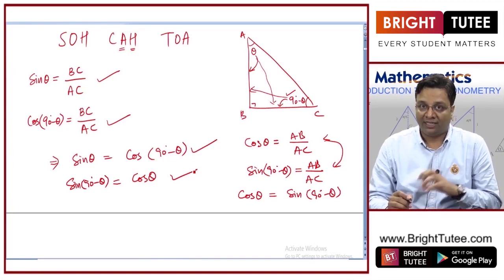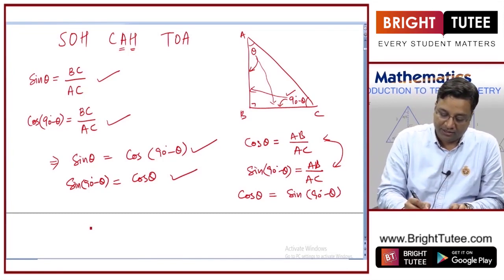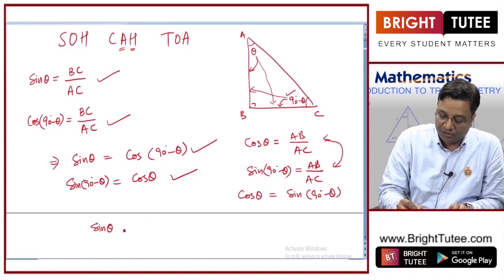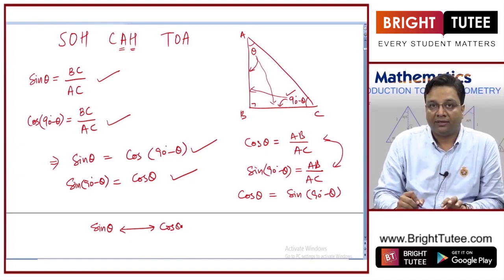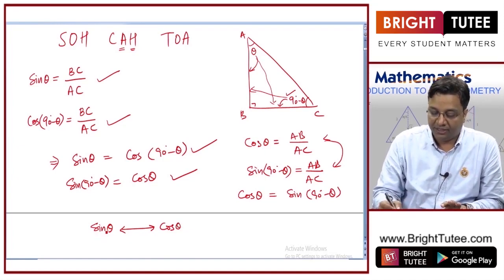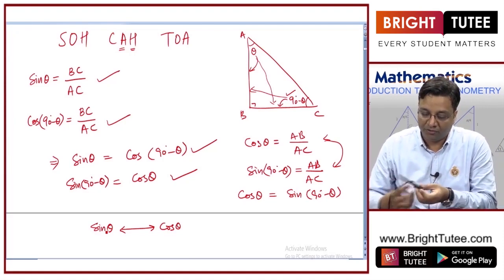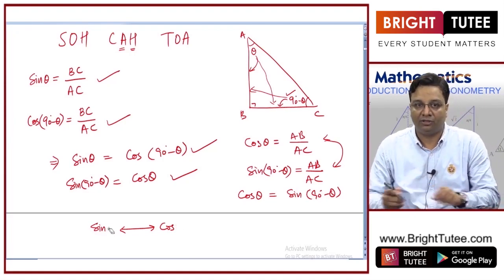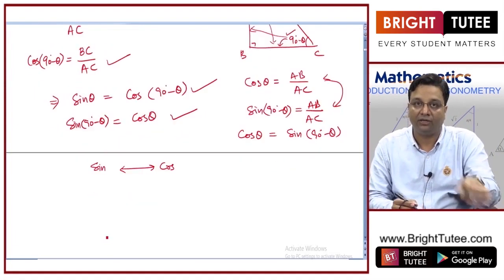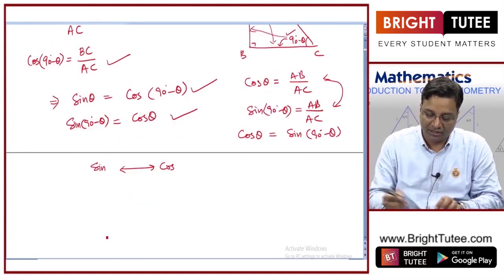And this is true for other trigonometric ratios also. Sin will get converted into cos and cos will get converted into sin, right? Let's remove theta from here and let it remain general. This is just to memorize. There is no meaning of sin alone without the angle, but this is just to learn.